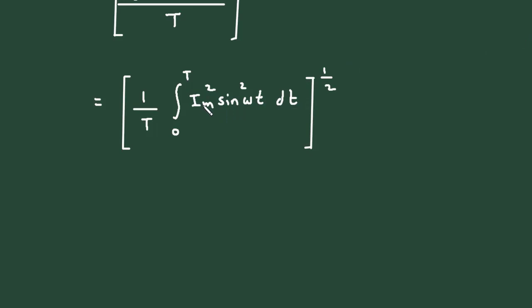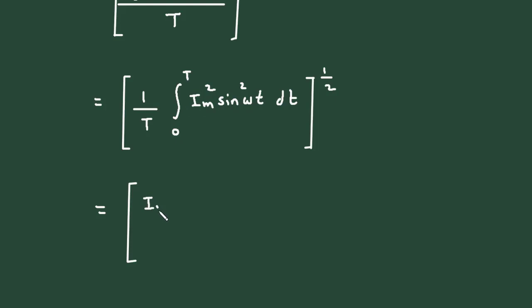Now let's simplify this further. So it will be bracket 1 by T. Now this Im square is constant, so we can take this outside.